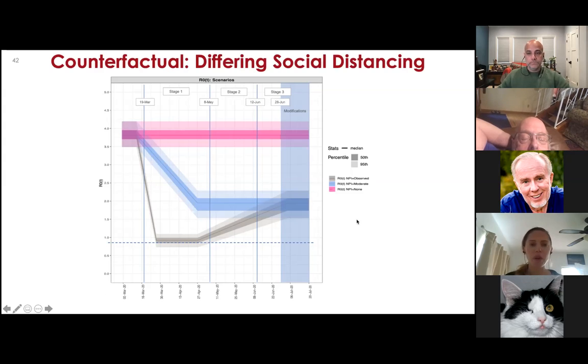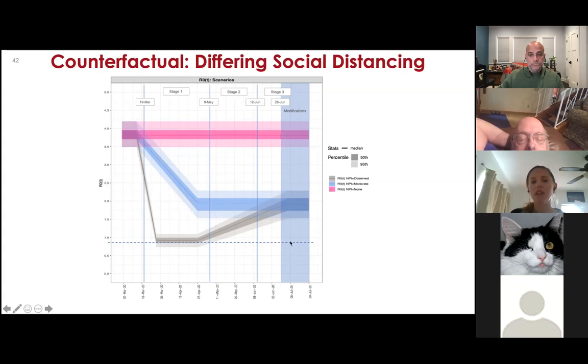So first, we're showing here the different policies that we implemented regarding the transmission rate. So in the gray, you see the R0 as observed through end of July. And in the blue, you see a moderate scenario in which we don't have a strict initial lockdown, but we do reduce transmission to what the population transmission rate ended up converging to.